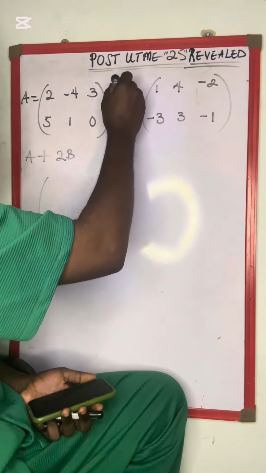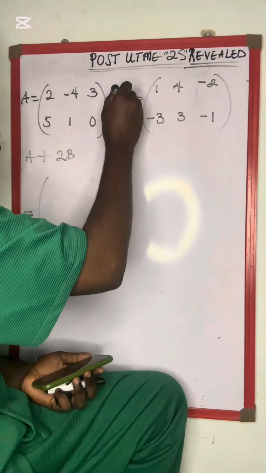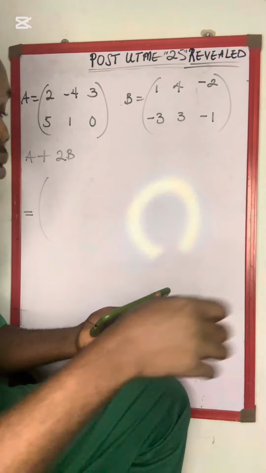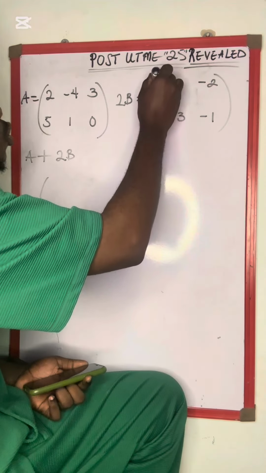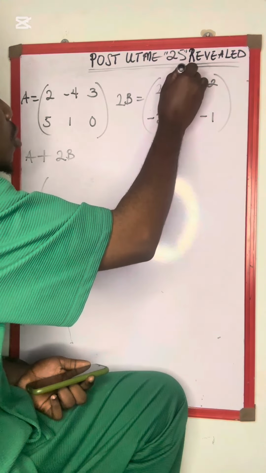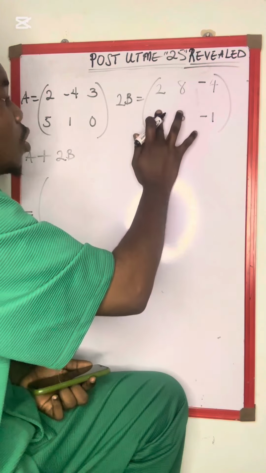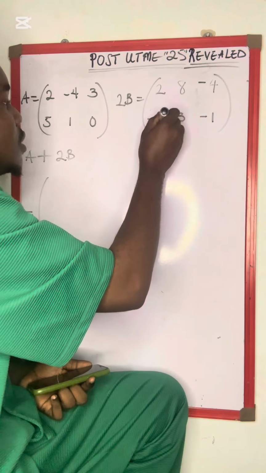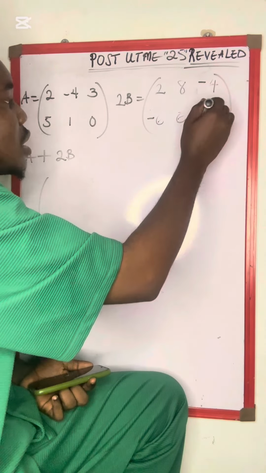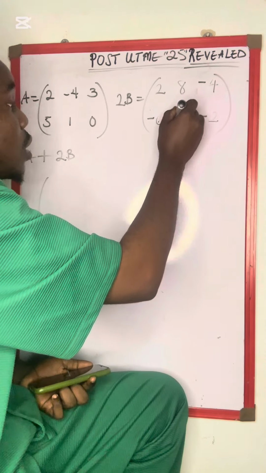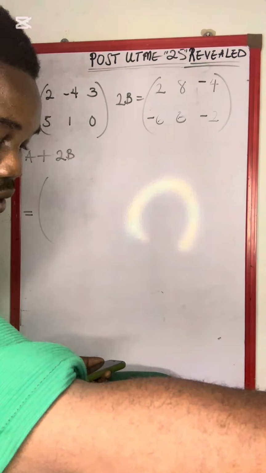I can say that 2B becomes: 2 times 1 is 2, 2 times 4 is 8, 2 times negative 2 is negative 4, 2 times negative 3 is negative 6, 2 times 3 is 6, and 2 times negative 1 is negative 2.